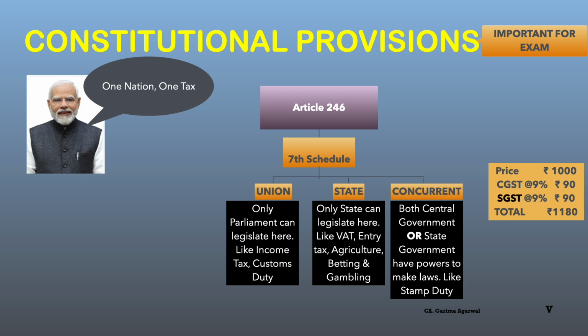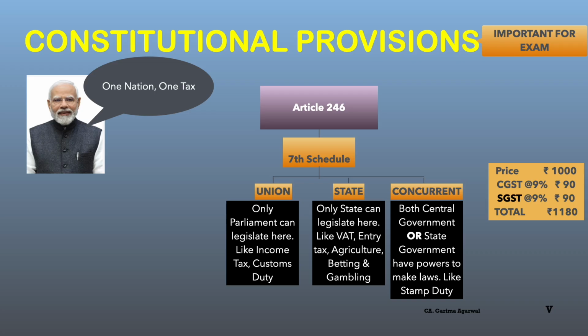Under Article 254(1) of the Constitution, if there is an inconsistency between a law passed by Parliament and a law passed by a state legislature on a subject in the concurrent list, the central law prevails.